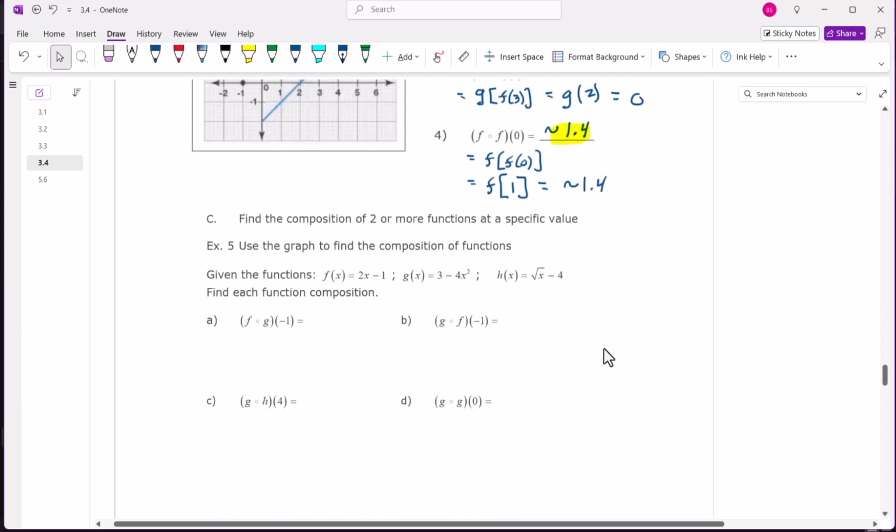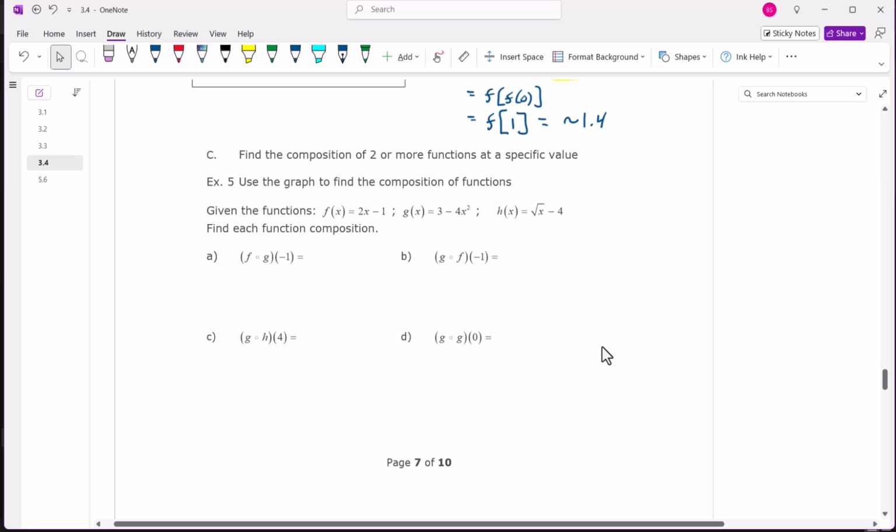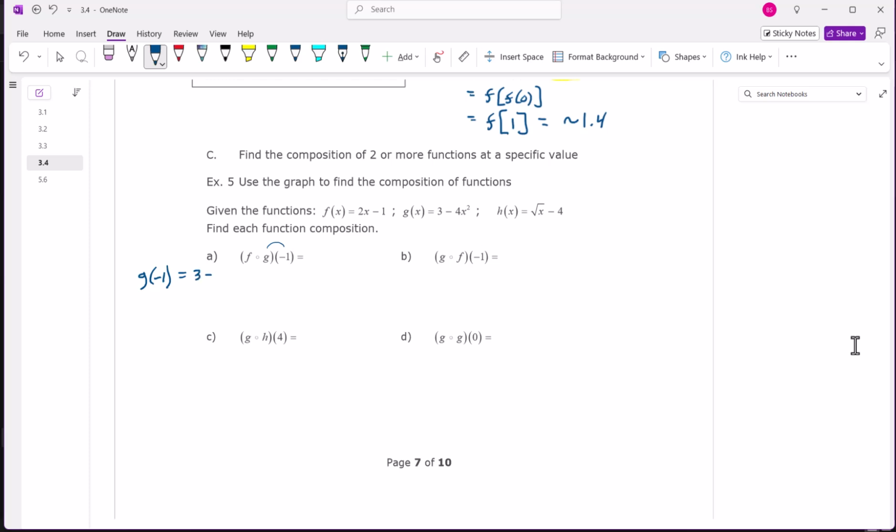Next thing, we're going to do composition of functions. To begin with on this problem, we have to start by doing g of negative 1. So start with the function on the right, plug it in and evaluate. You'll have 3 minus 4 times negative 1 to the second. That's 3 minus 4 times 1, so that's equal to negative 1.